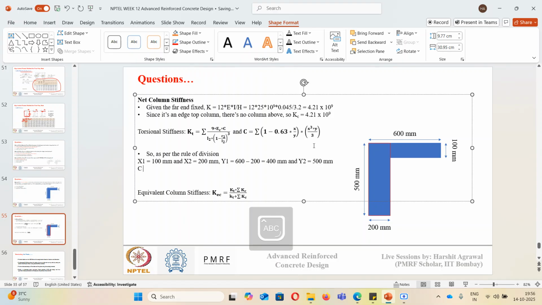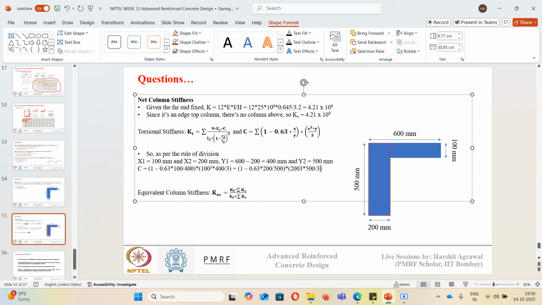So C will be equal to 1 minus 0.63 times 100 by 400, into 100 cube into 400 by 3, plus again 1 minus 0.63 times 200 by 500, into 200 cube into 500 by 3.